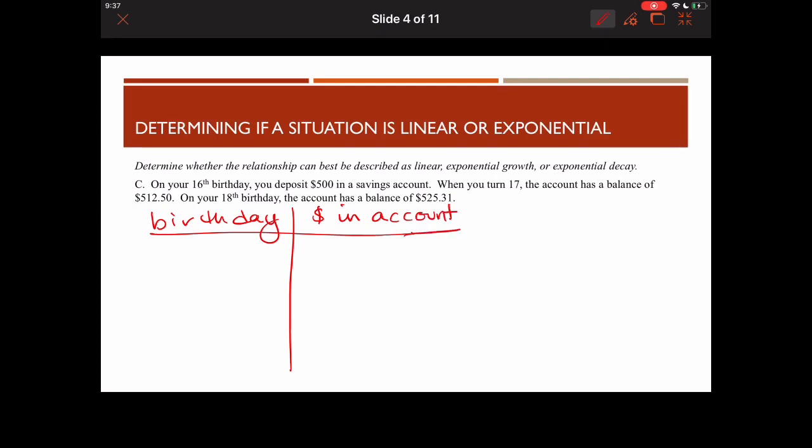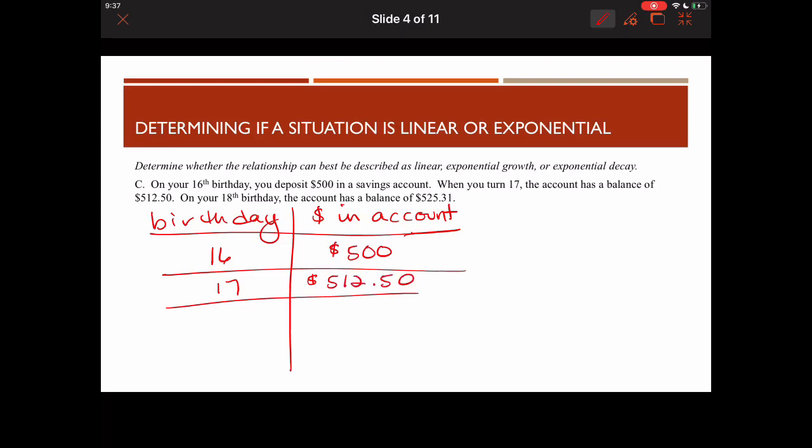When we turn 16, we're depositing $500, right? When we're 17, we have $512.50. And then when we're 18, we have $525.31.